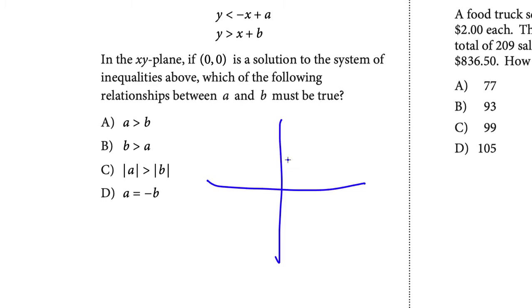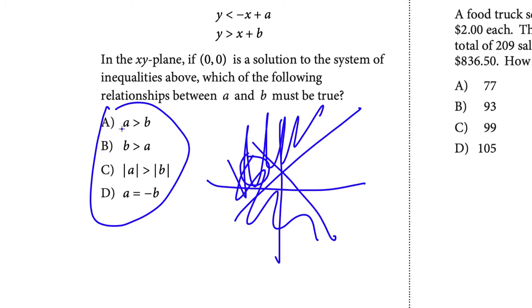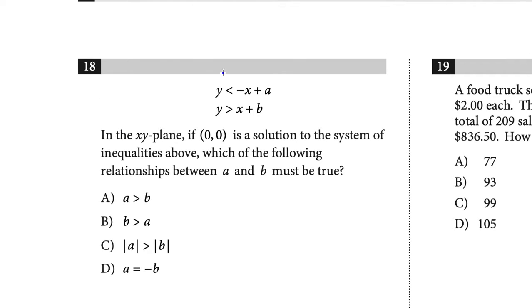But if I think about this, so -x plus a roughly looks like that. Y is greater than x plus b looks like that. So it should be anything that's above here or below here. So you're thinking of things that are over here. What is going on here? X is less than, okay, so there should be some math trick in order to get the variables isolated. So my first inclination was incorrect. I don't think we want to graph it. What could we do? We need to somehow say that if y is always less than -x plus a, and y is always greater than x plus b.